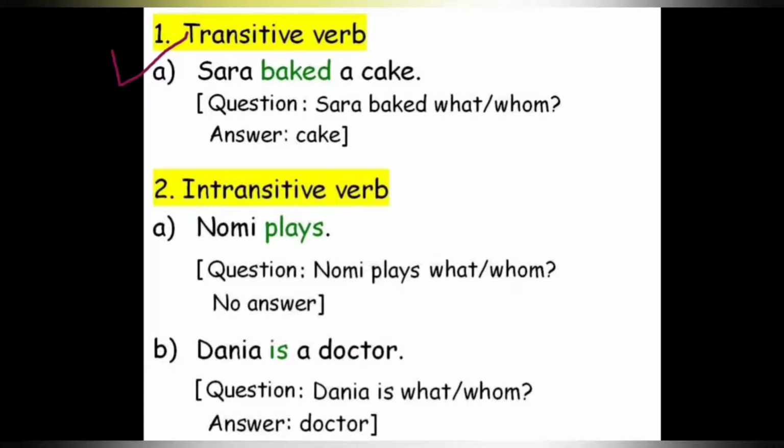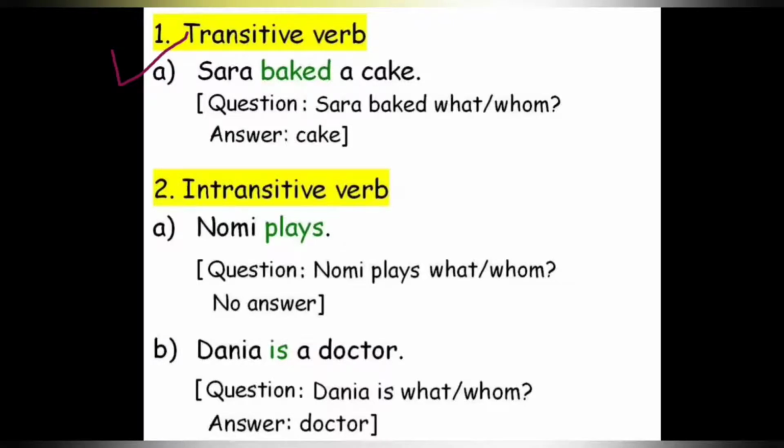Here you can find the object by asking what to the verb. Means if you ask, Sarah baked what? Cake. So that is the answer. So how will you find the object? You will ask the question what.